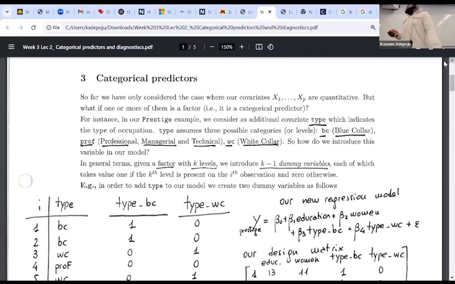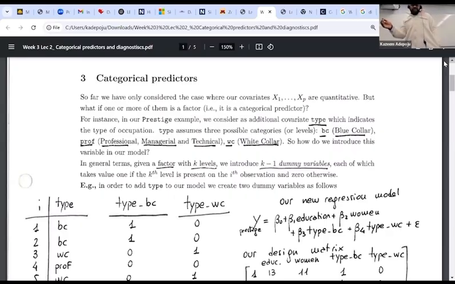But in a situation where all the explanatory variables are not quantitative, they are all categorical, we also call them qualitative. So what are we going to do? How is a model going to look like?